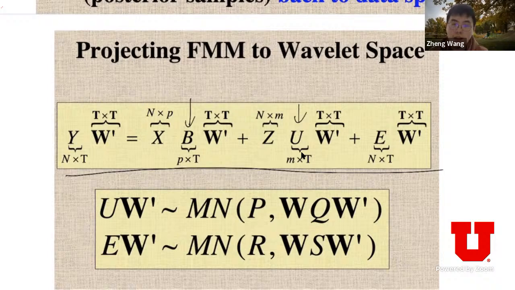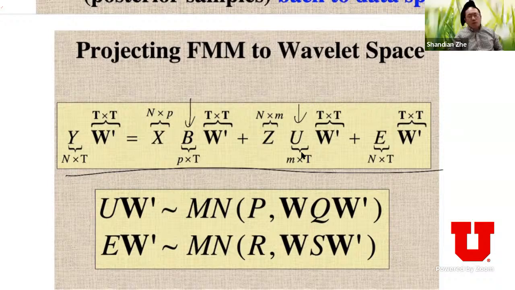They are functions of time. But after you do the wavelet transform, you're actually modeling those transformed coefficients. Are you assuming those coefficients are functions of frequencies, or functions of what?